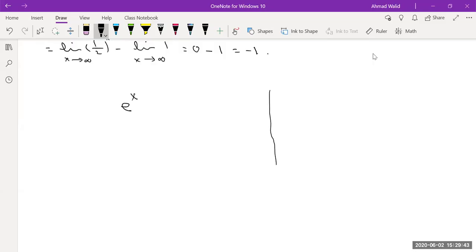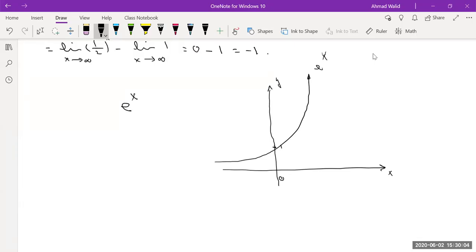To explain for you, e to the power of x is also an exponential function which passes through (0, 1), and the shape is like this. This is e to the power of x.